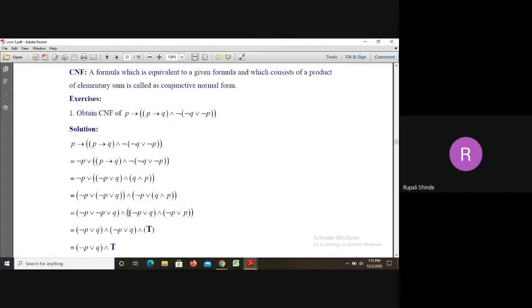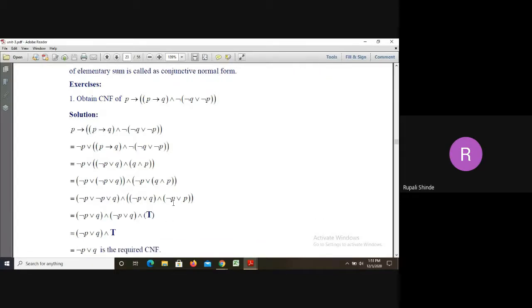Now we can apply the distributive law, that is negation P or Q and negation P or P. Check here, what is the value of P or negation P? It is true only. So that is written here.